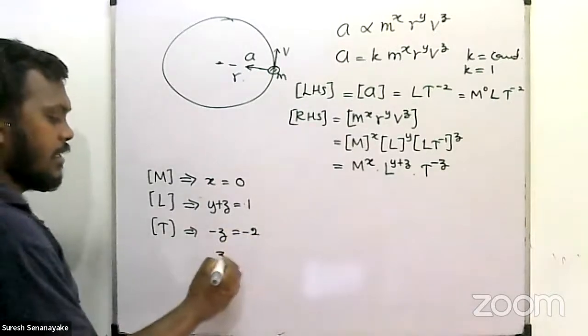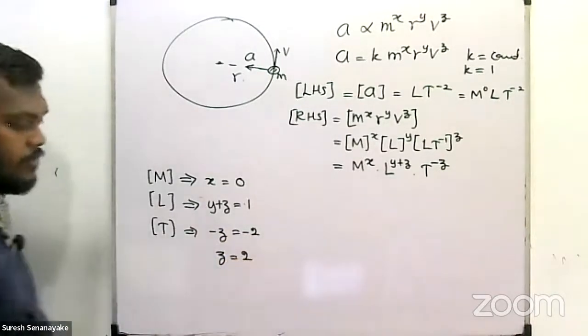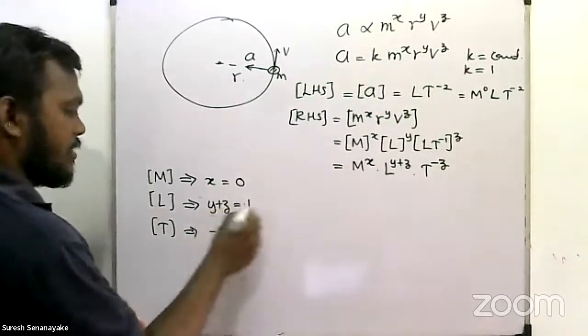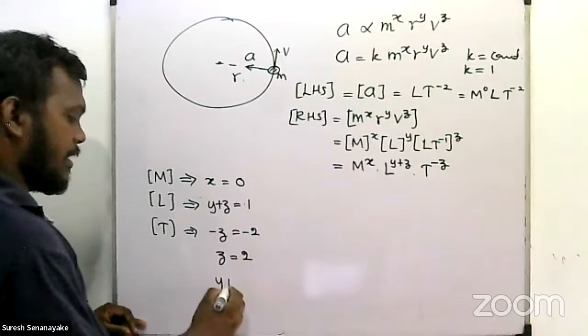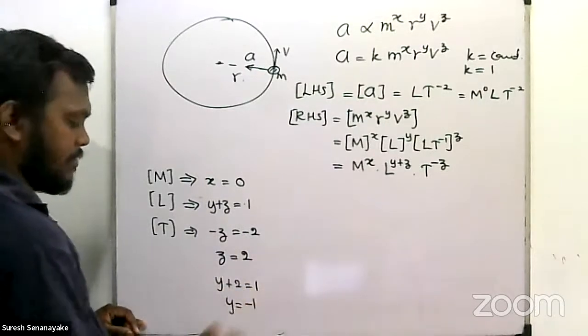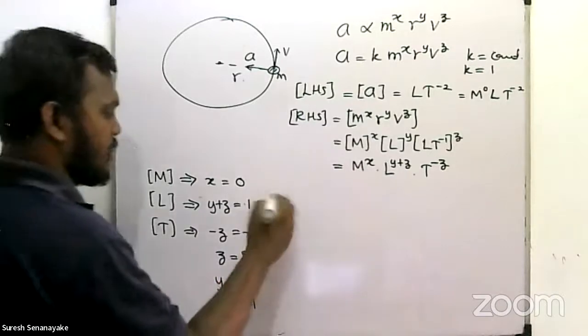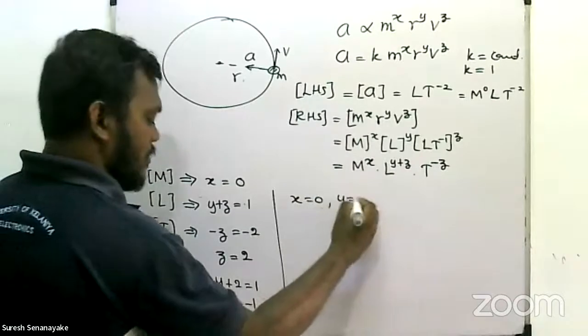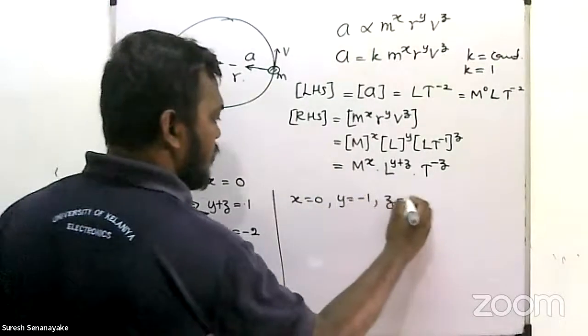According to this, z equals 2. Substituting z in y plus 2 equals 1, y equals minus 1. So x equals 0, y equals minus 1, and z equals 2.